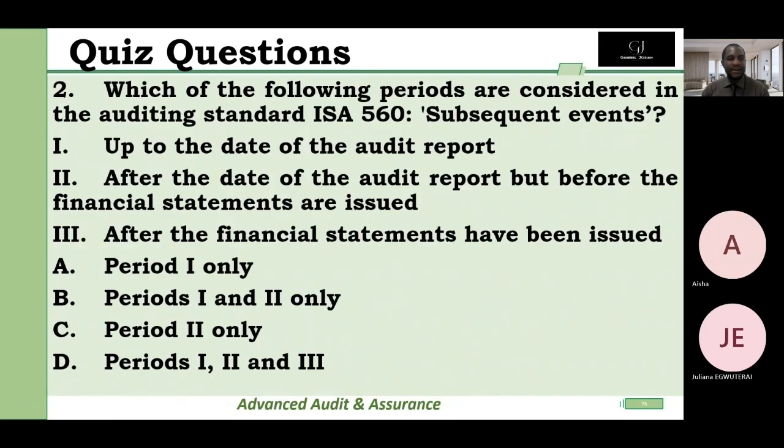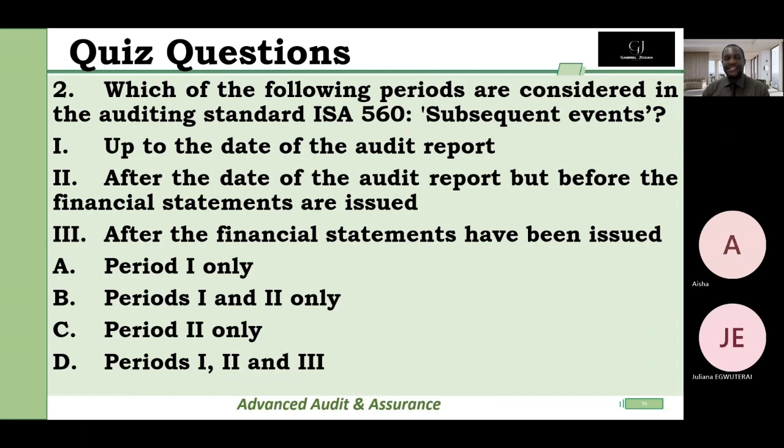Number 2. Another one again. I like this. Which of the following periods are considered in the auditing standard ISA 560, which is subsequent events? 1, up to the date of the audit report. 2, after the date of the audit report, but before the financial statements are issued. 3, after the financial statements have been issued.